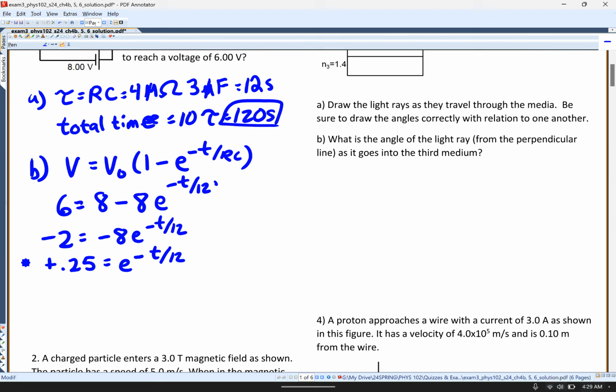So then I take the natural log of both sides. That gets rid of that exponential. Now let's see, the natural log of 0.25.